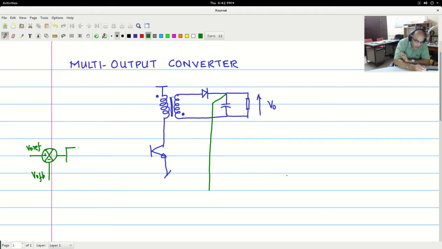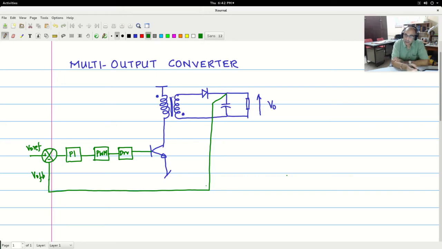This goes to a controller. It's a PI. Let's put it as PWM, and drive controls the IC. And this is actually the feedback voltage.